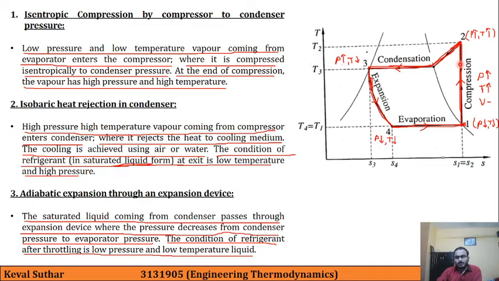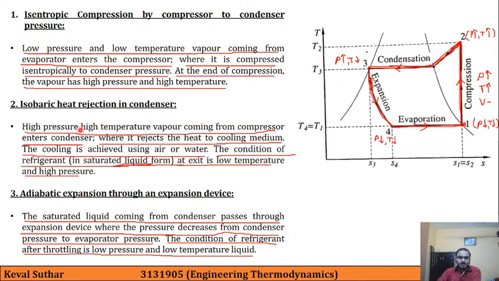Isentropic means that the entropy is remaining constant over here, and its pressure is increasing and temperature is also increasing. The next process is 2 to 3, that is isobaric heat rejection in the condenser. Isobaric means constant pressure, so the heat rejection is happening at constant pressure.